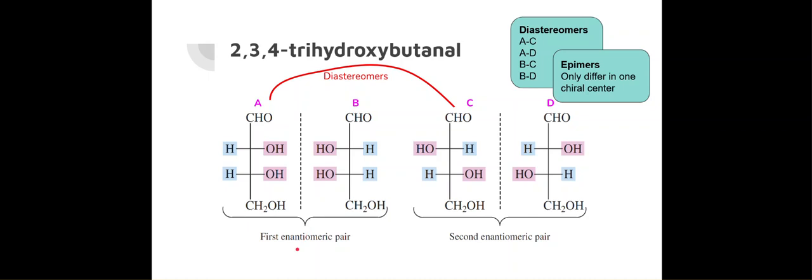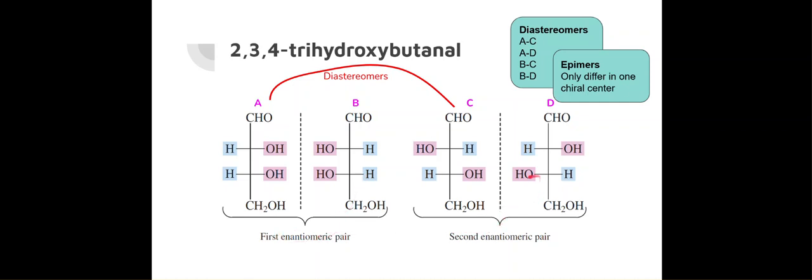A and B are enantiomers because they are mirror images of each other. You've got the OHs facing each other and the hydrogens on the backside. These are mirror images, and there's no way you can superimpose one onto the other because these carbons right here are chiral. So they're enantiomers.